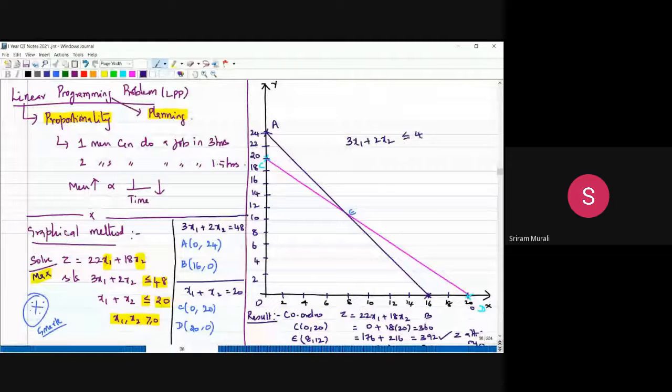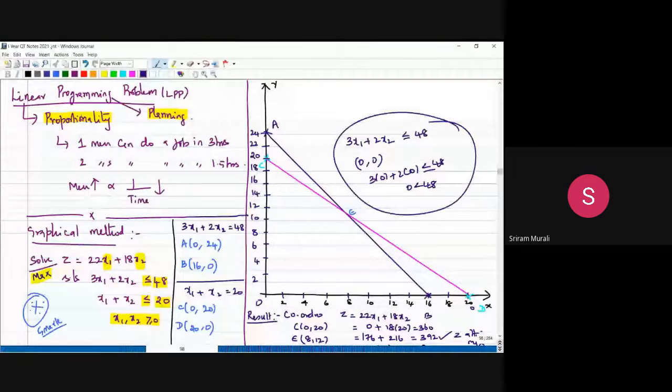Always you take origin, 0, 0, for finding the feasible region. If I take 0 here, 3 into 0 plus 2 into 0 is less than or equal to 48. I mean 0 is less than 48. If 0 is less than 48, what does it mean? It satisfies towards origin. Therefore, you can give a shading like this.